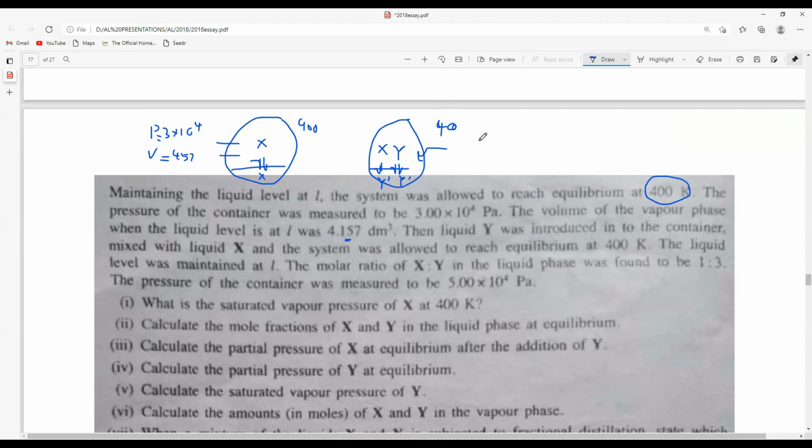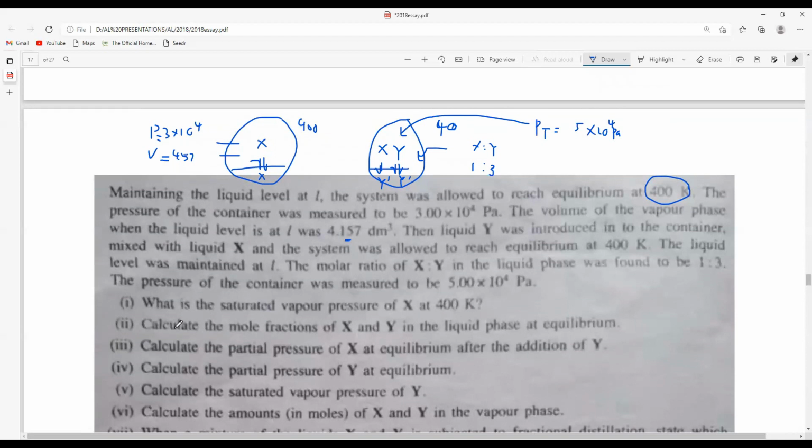And the molar ratio here, X is to Y in the liquid phase, is given. So it is 1:3. And the pressure is measured here again. So this total pressure now will be from X and Y. So this is 5 into 10 to the power 4 Pascal, right?